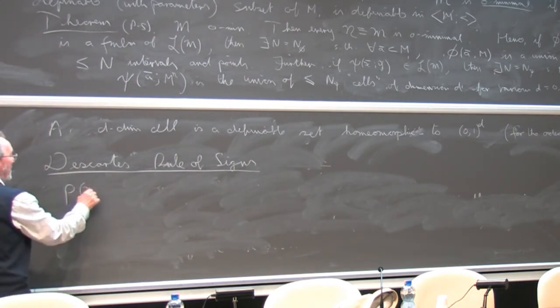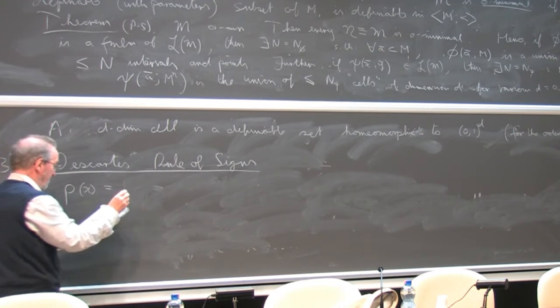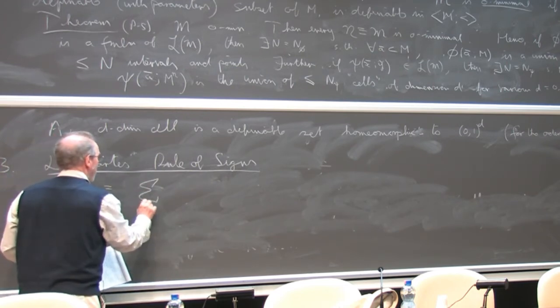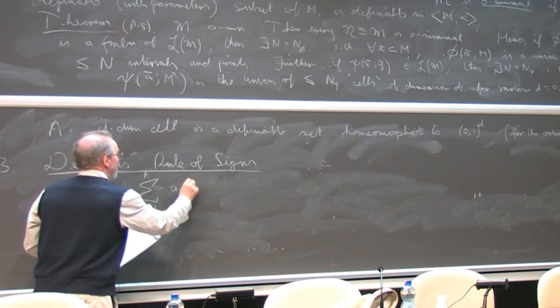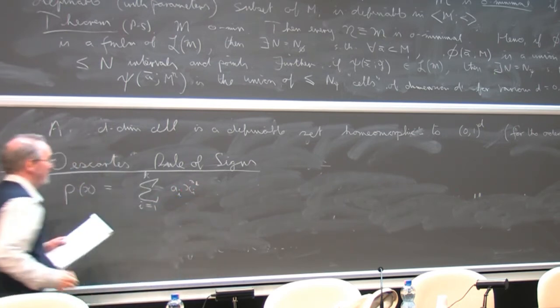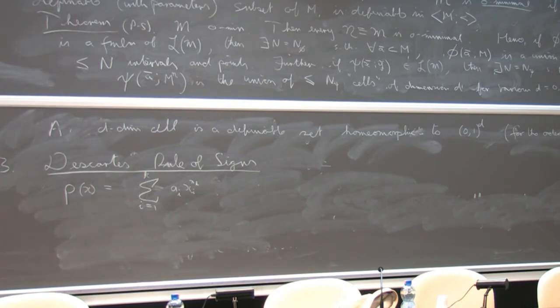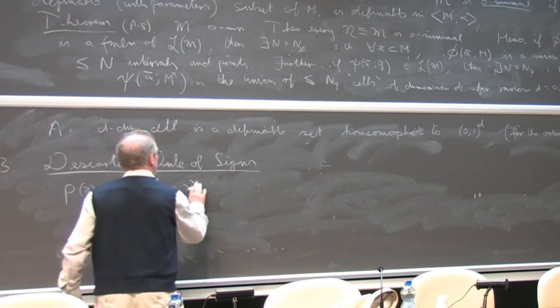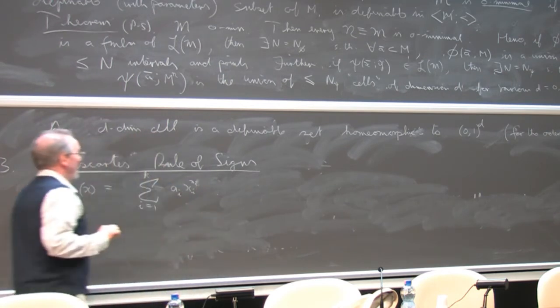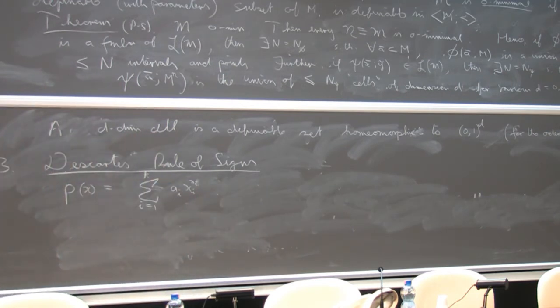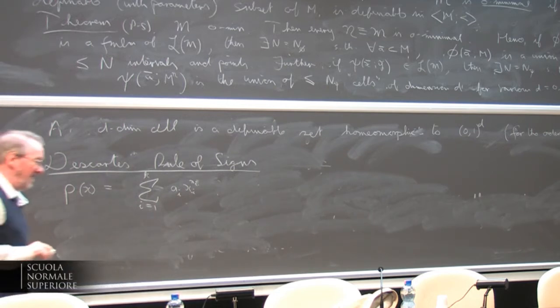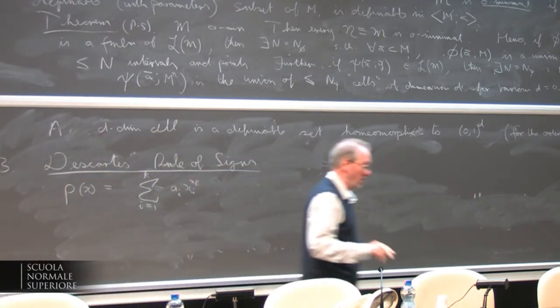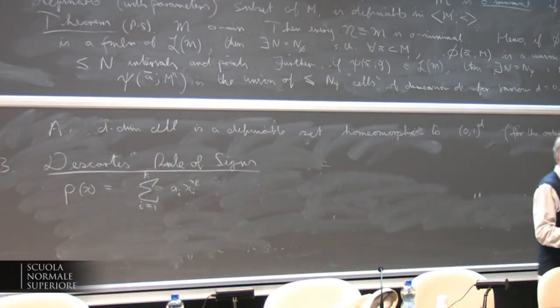Suppose we have a polynomial, p(x), with real coefficients, which I'm going to write as the sum for i equals 1 to k of a_i x to the n_i. Now that's a polynomial of degree n_k, so over the complex numbers, it has n_k roots, counting multiplicities.